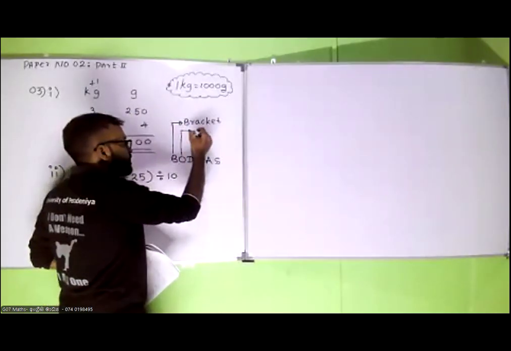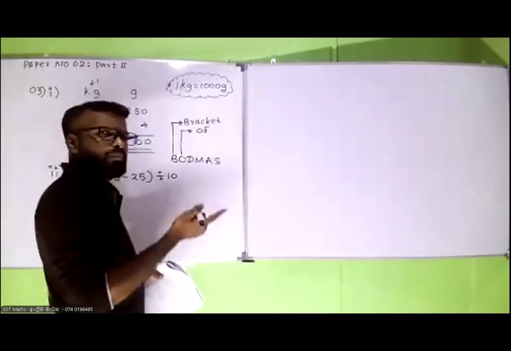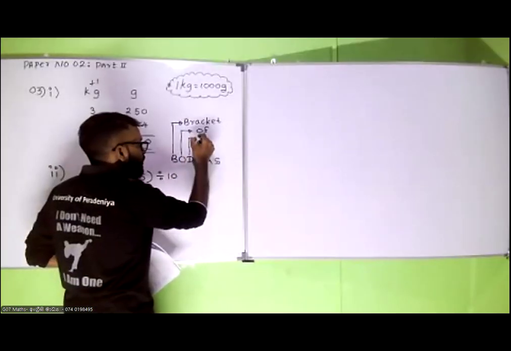Brackets, then Of. Of means multiply again. Then D, division.